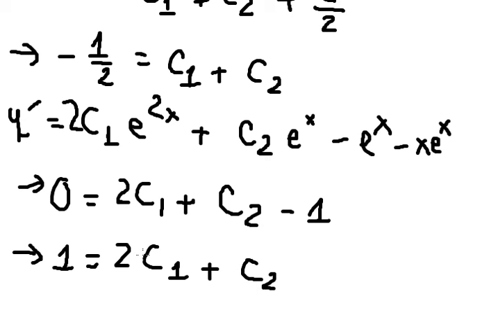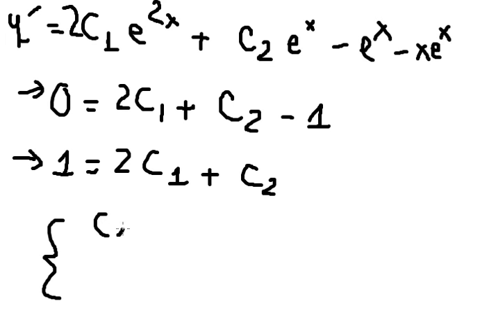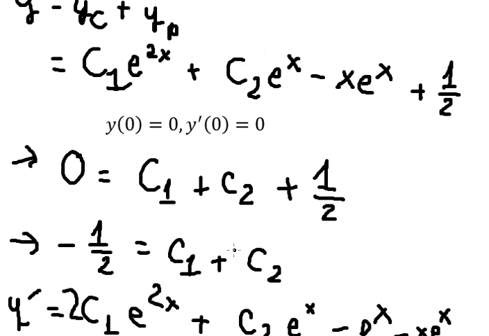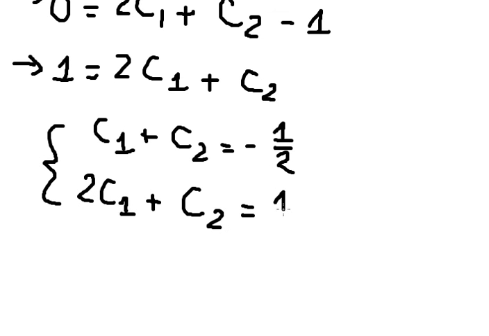And now we create the system of equations. So we have c1 plus c2 equals negative 1 over 2, and 2c1 plus c2 equals 1.